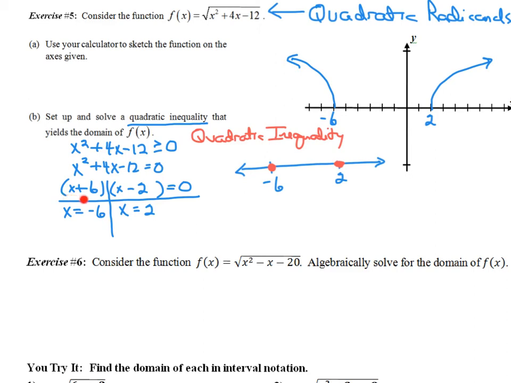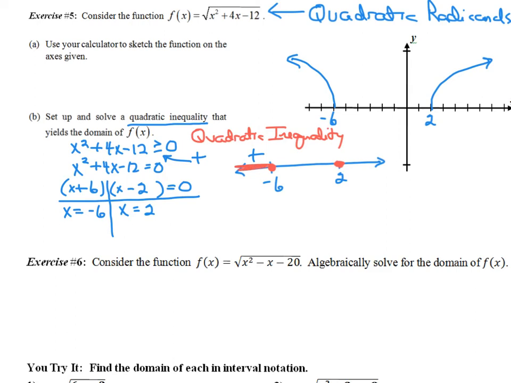I substituted -7 in here, so -7 plus 6, that's negative. -7 minus 2, that's negative. A negative times a negative gives me a positive answer for the product. Because I'm looking for greater than or equal to 0, I'm looking for any section that's going to give me positive results.